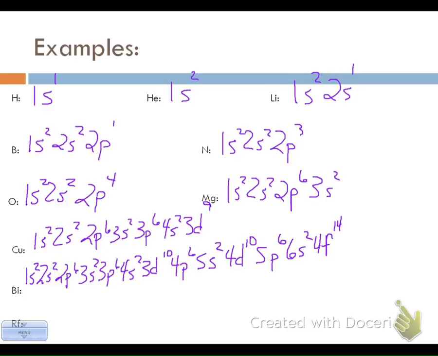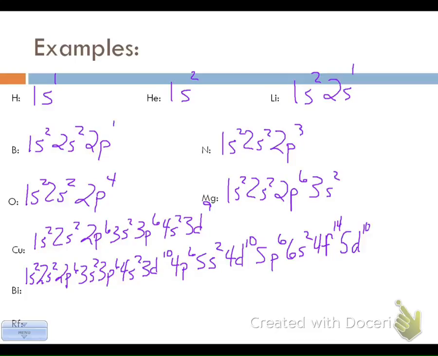The F sublevel can hold 14 electrons. That takes us then back up to element number 72. And we have the 5d10. And that takes me through mercury.